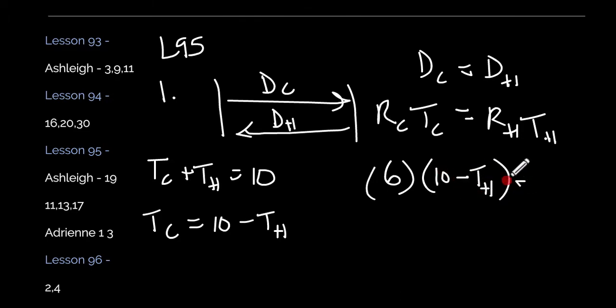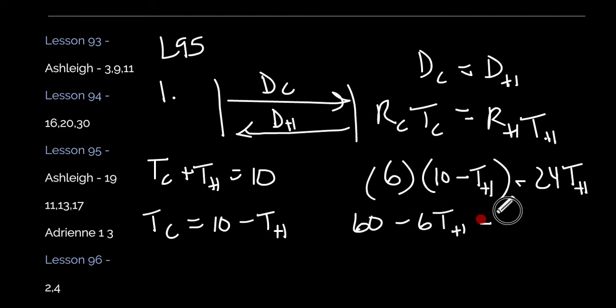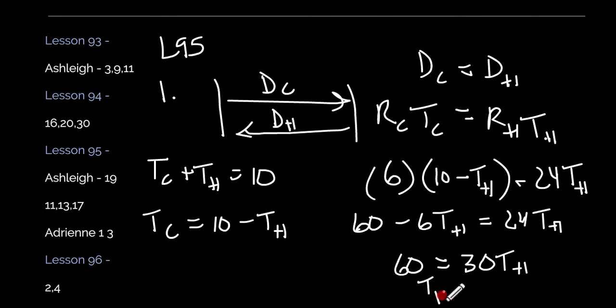The rate home, does it tell us the rate home? 24. And it would be time home. And so we're going to get 60 minus 6 time home equals 24 time home. That's really messy, I'm sorry, but we're going to get 60 equals 30 time home, and the time home is going to equal 2.